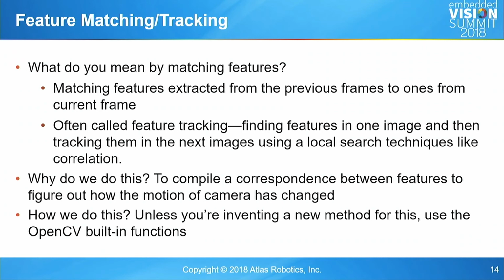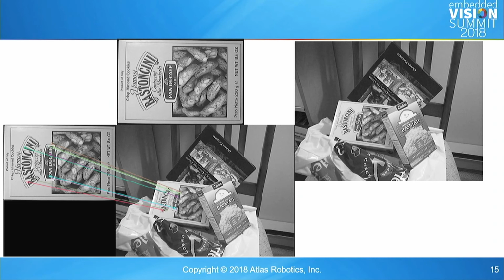The way we do it depends on your need, but typically we use OpenCV built-in functions. They have good APIs on the 3D registration, and those are things you can easily pick up. This is an example I wrote with OpenCV code.